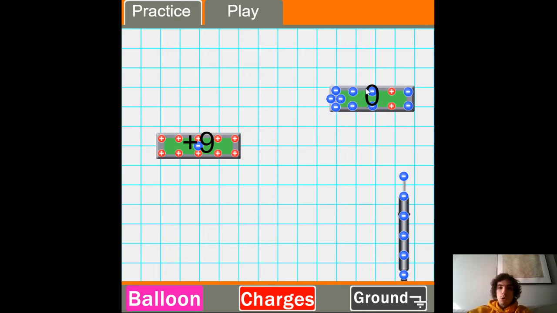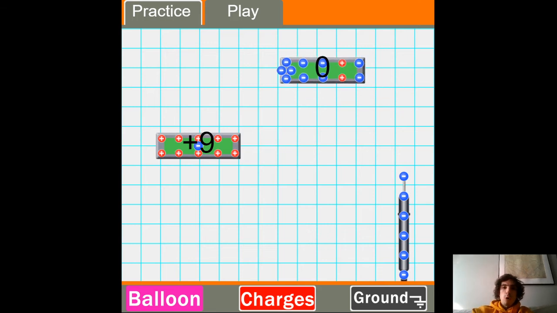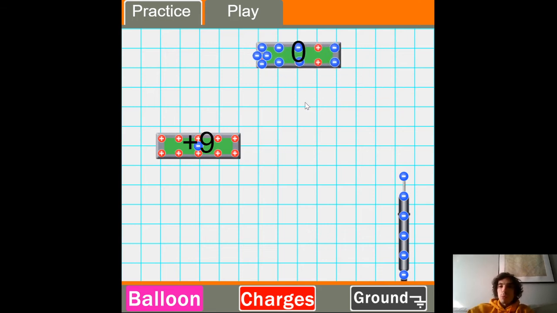So in order to become neutral, it would have to let those electrons flow out of it and into this ground. You'll notice none of the protons flowed. None of the protons changed their locations at all. They're still at these 10 locations. Some of them are just hidden behind our electrons, but all 10 protons, and now we have 10 electrons, so that this is neutral. And so no protons flowed. In order to neutralize something, protons never really flow, but our electrons flowed out to make our negative object neutral.